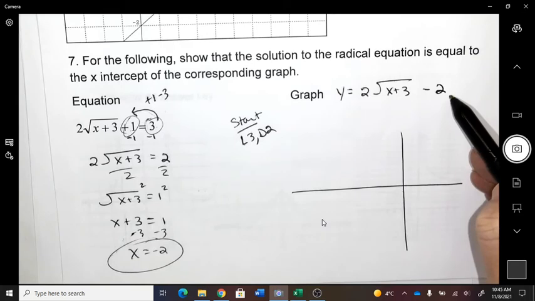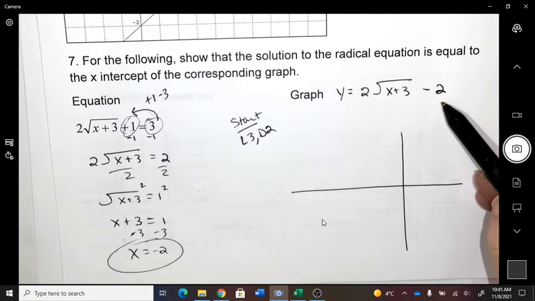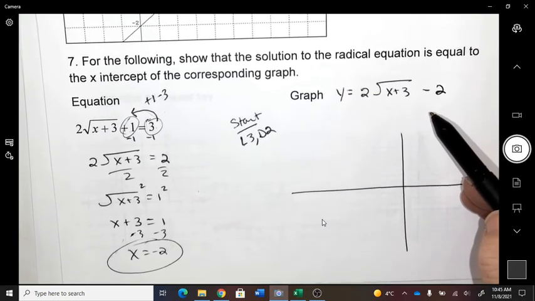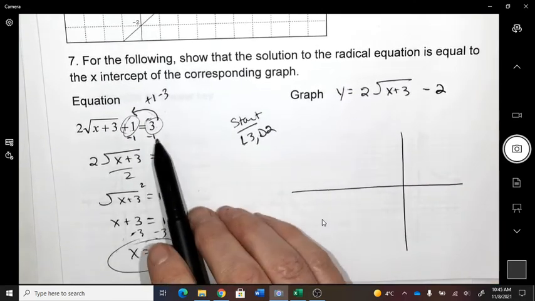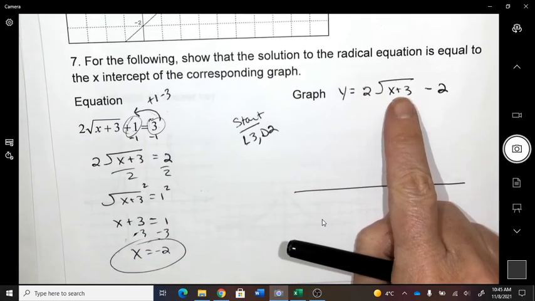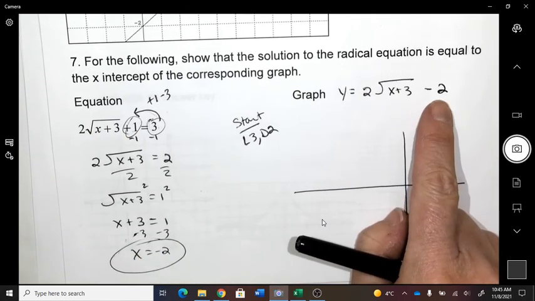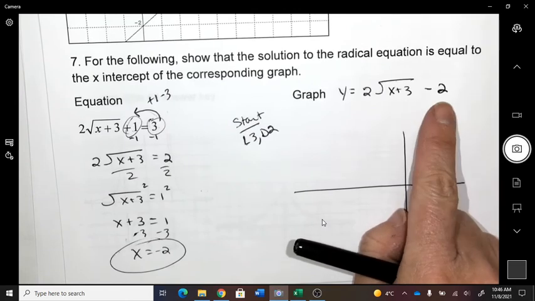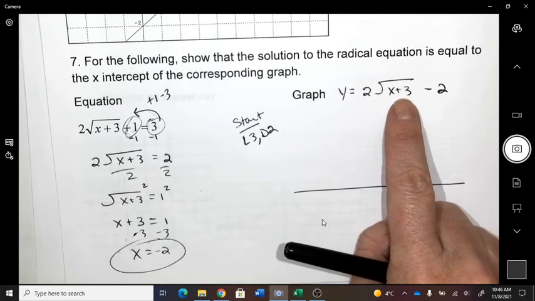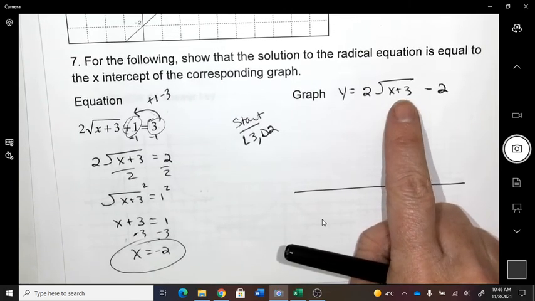For the equation part, what we found was the better X-intercept equation. Wait, why is it now a left 3? Left 3, down 2. Yes, there's positive. What is positive? This 3? Yeah. But that's a C, so it's always opposite. Oh. The transformation of the C is always opposite. Remember that?